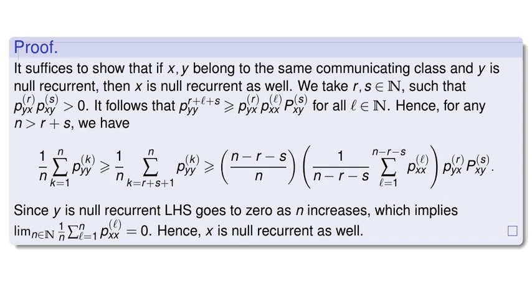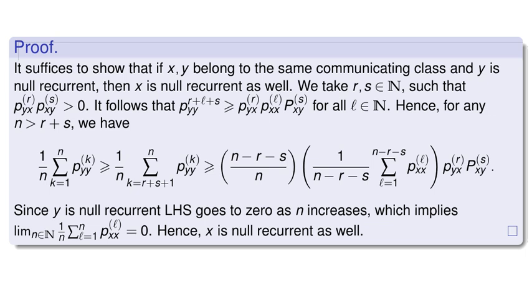It follows that p_yy^{r+l+s} is greater than or equal to p_yx^r times p_xx^l times p_xy^s for all natural numbers l.